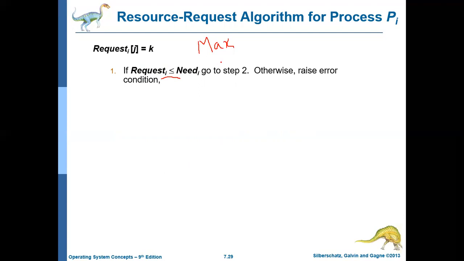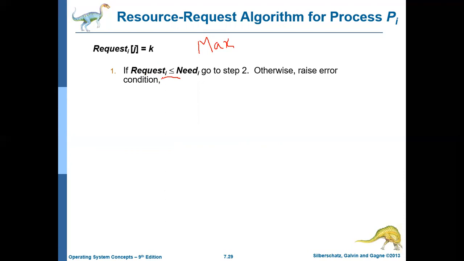It cannot exceed need. If it exceeds need, then it is not following the commitment given by the process earlier, because before starting, every process should declare its maximum instances of each resource type. According to that, the request happens.